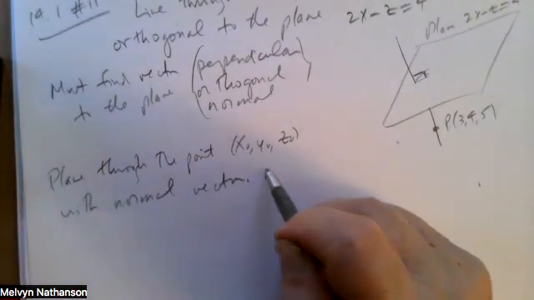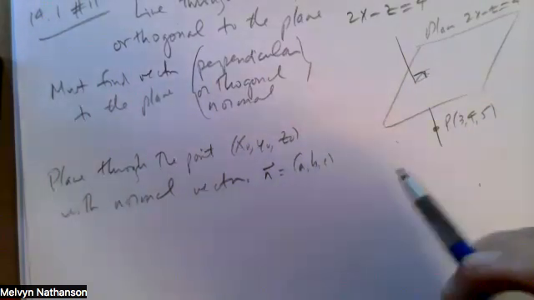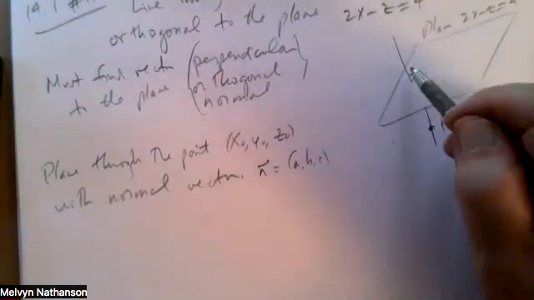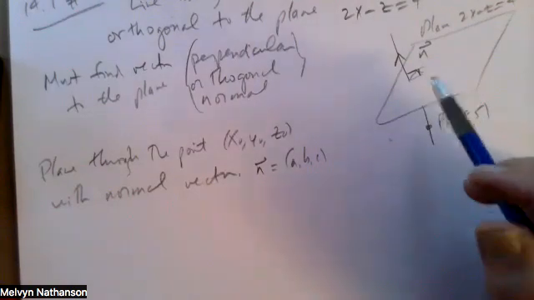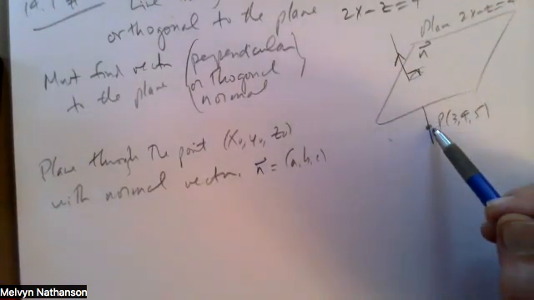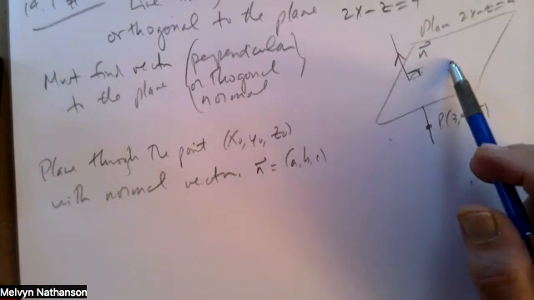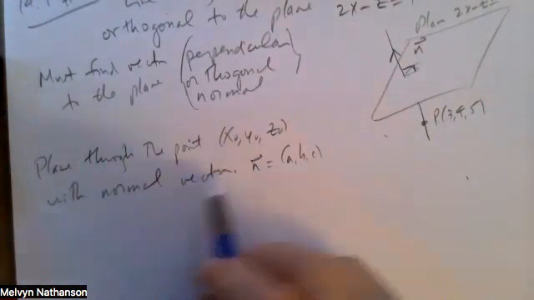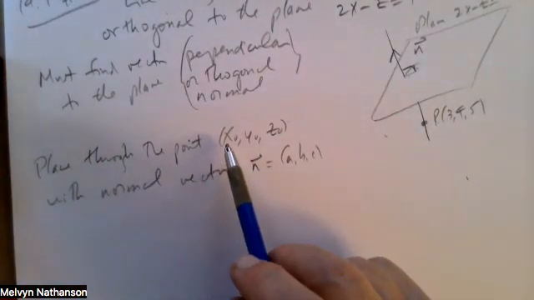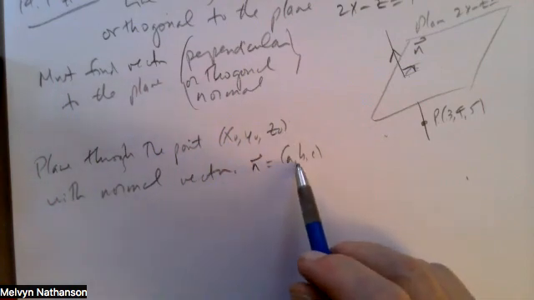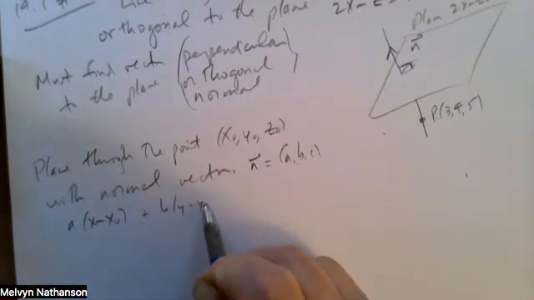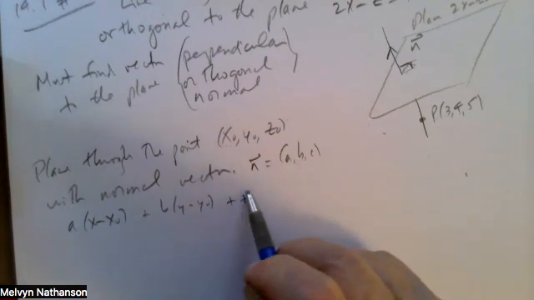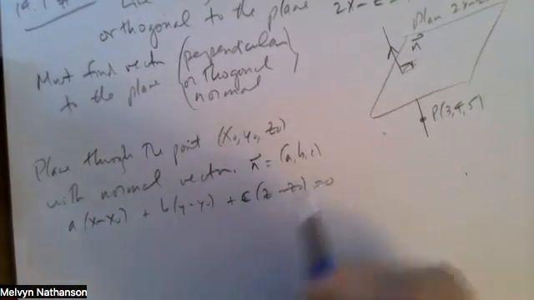So with a normal vector n, having coordinates a, b, c. If this is the plane, the normal vector n is perpendicular to the plane. So if your line is perpendicular or normal to the plane, it's going in the direction of the normal vector to the plane. Now, the equation of the plane going through x naught, y naught, z naught with normal vector a, b, c is a times (x minus x naught) plus b times (y minus y naught) plus c times (z minus z naught) equals 0.